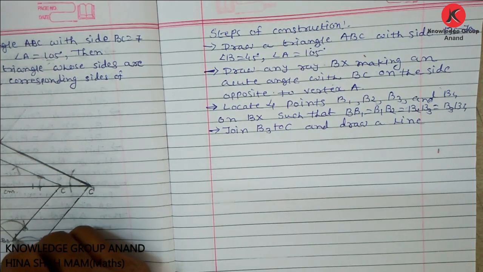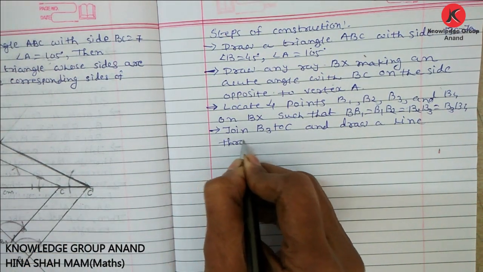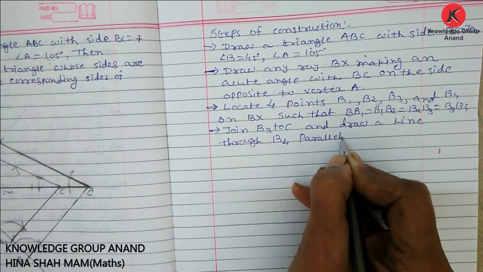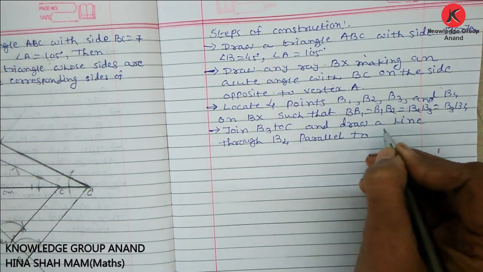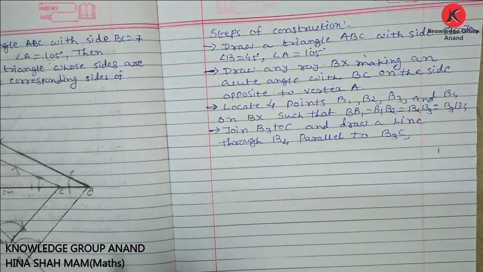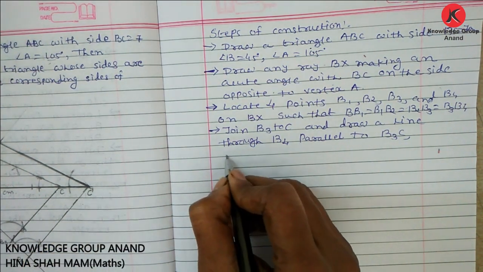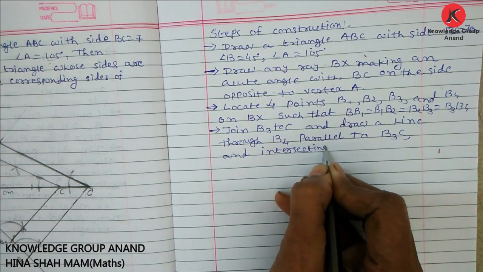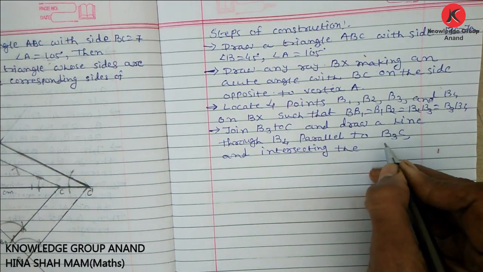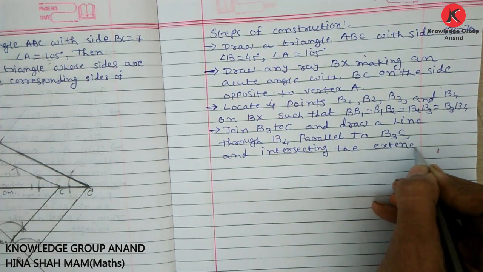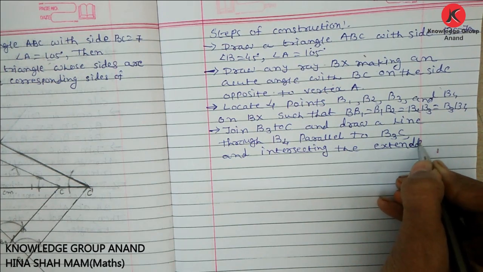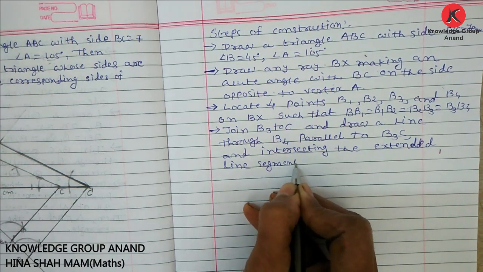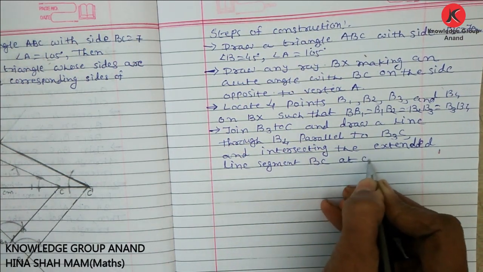Draw a line through B4 parallel to B3C, intersecting the extended line segment BC at C dash.